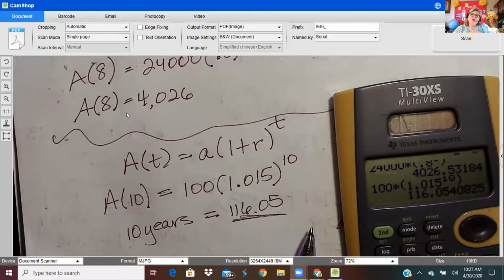And so in the real world, your money is going to grow a lot faster than just every year. Your interest is going to be paid to you based upon your balance at a monthly or weekly or daily time period.